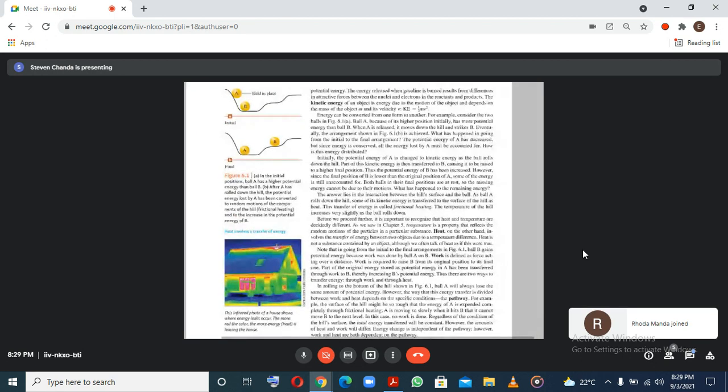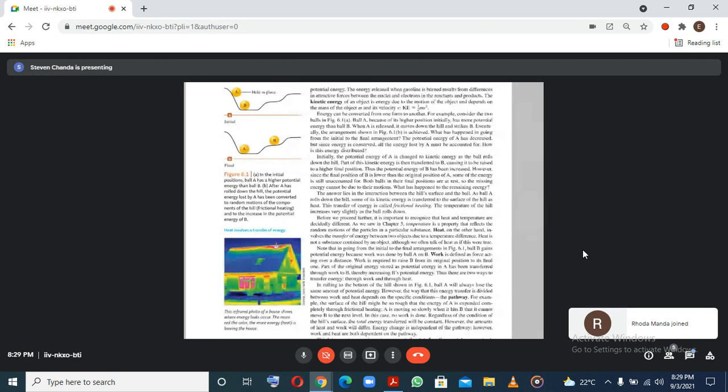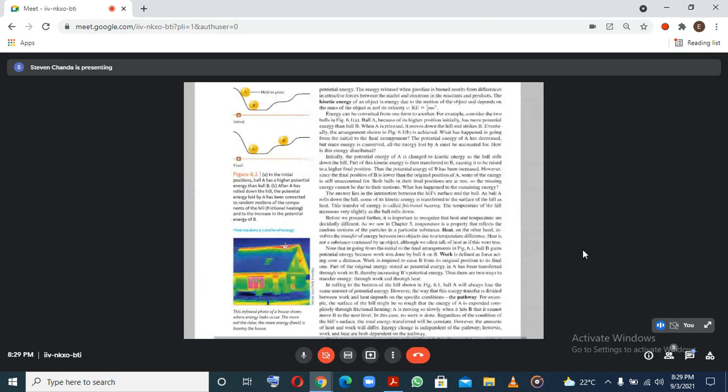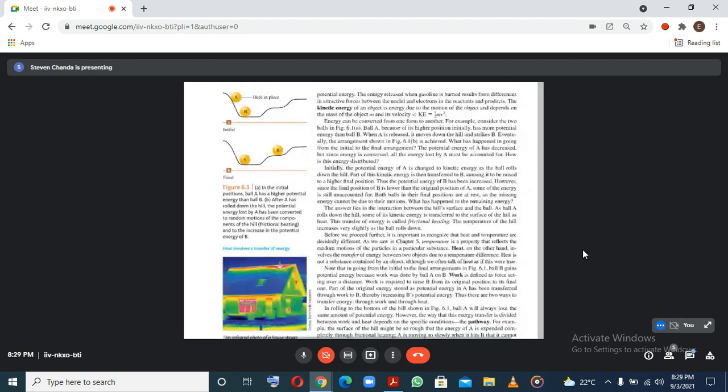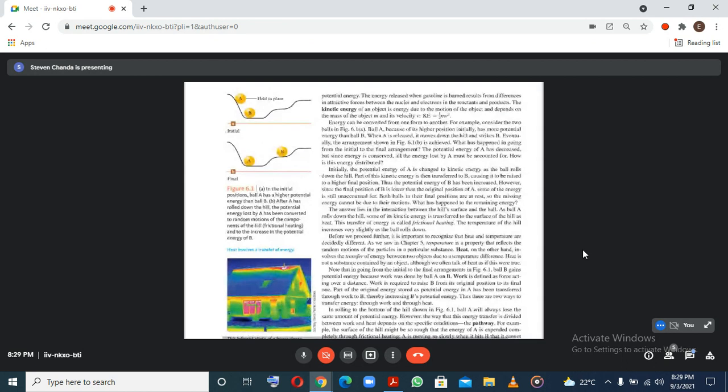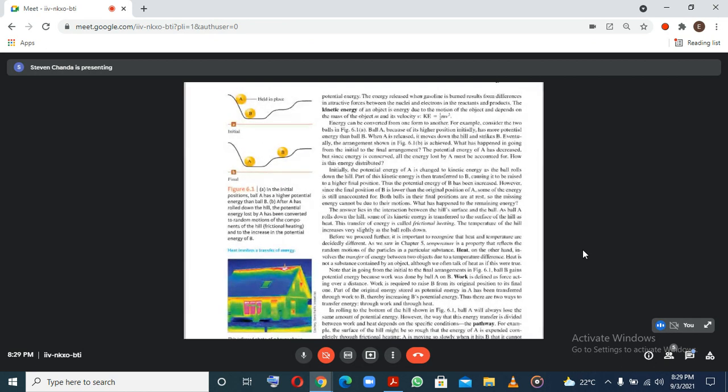Rather, it's simply produced from another form. You can talk about the electric bulb. The light has come from electrical energy. So energy is neither created nor destroyed, but can be converted from one form to another.